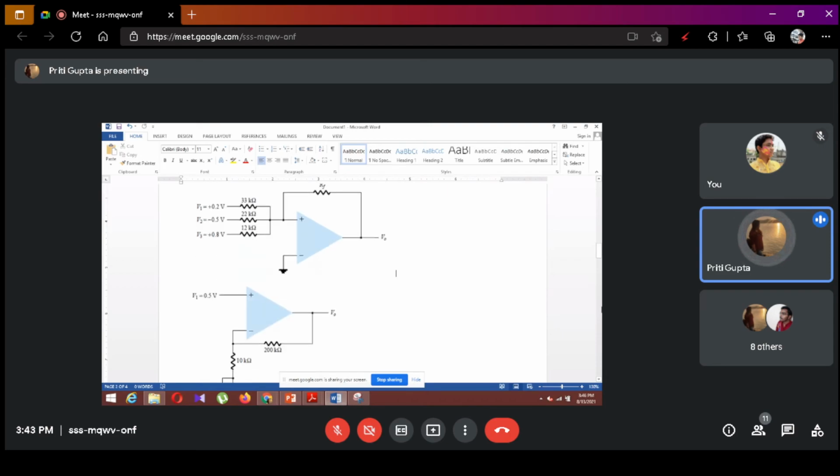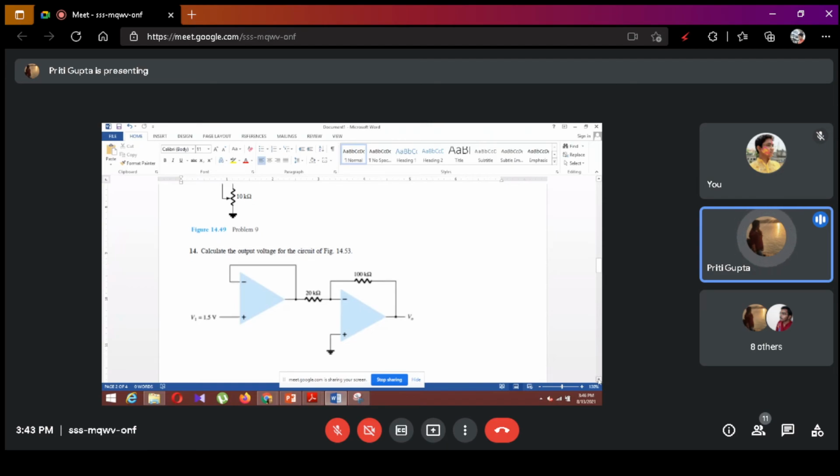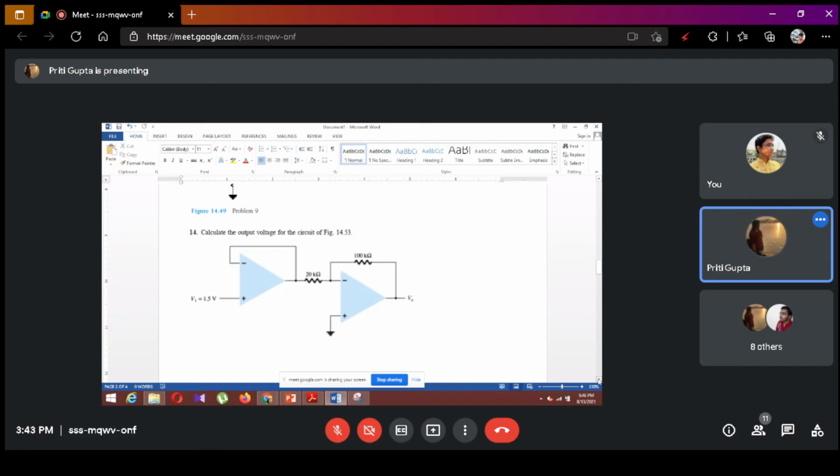Last, আজকে এটা করো just. This one. Calculate the output voltage for the circuit shown in the figure.